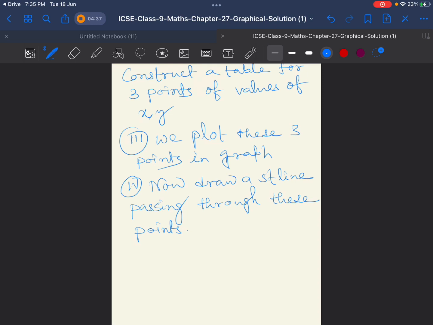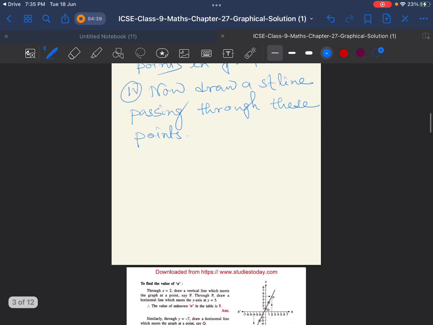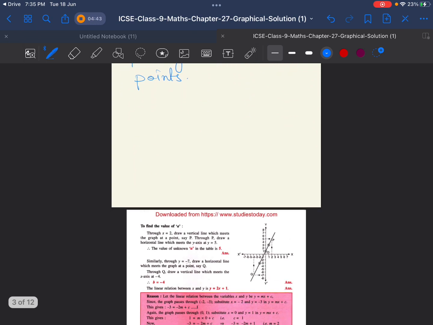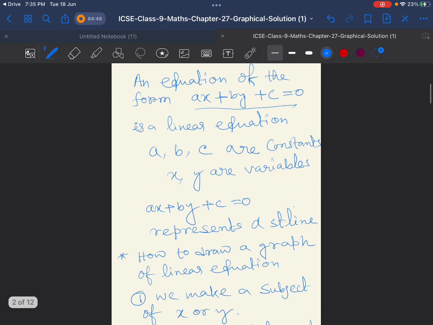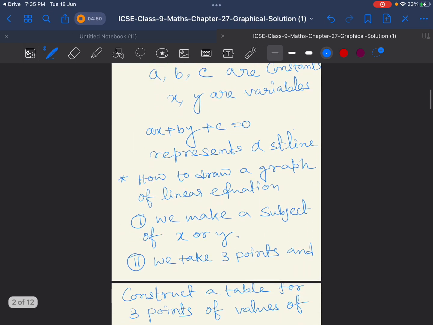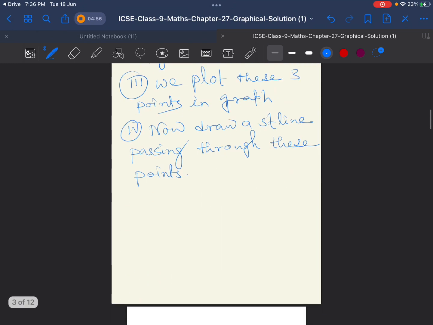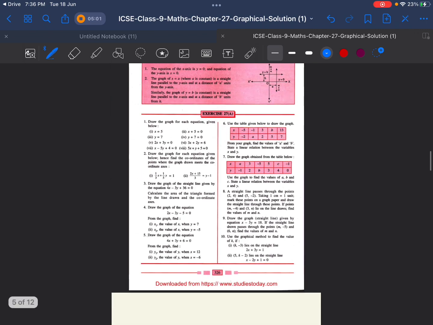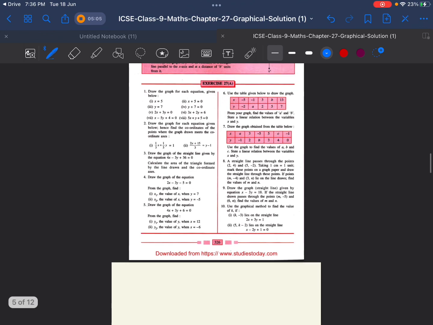Now fourth step is we draw a straight line which is passing through these points. Thus we draw a graph of a linear equation ax plus by plus c equals to 0. So let's begin this chapter.